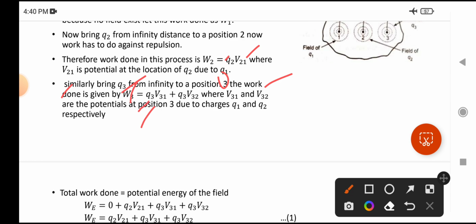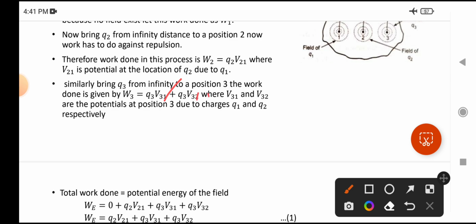Here q3 is the charge being brought, charge into potential. This potential is the third position's potential because of the first charge. Due to the first charge, a certain potential is created, and likewise because of the second charge. So the third charge is affected by the first charge and by the second charge, that is the meaning.